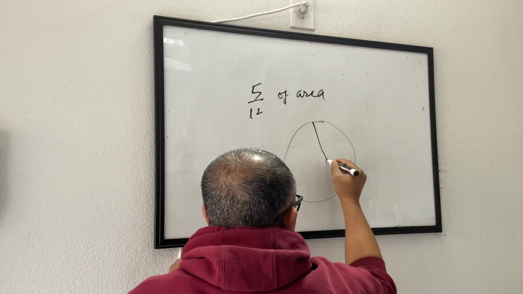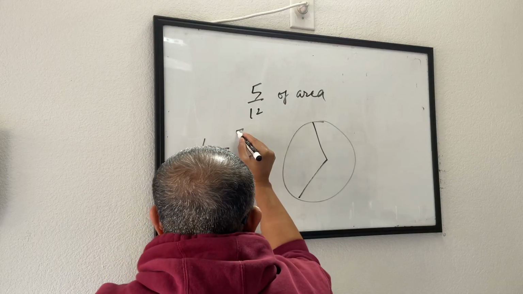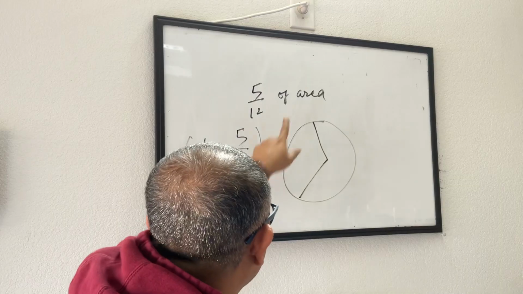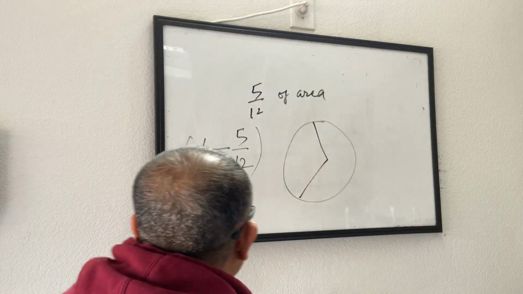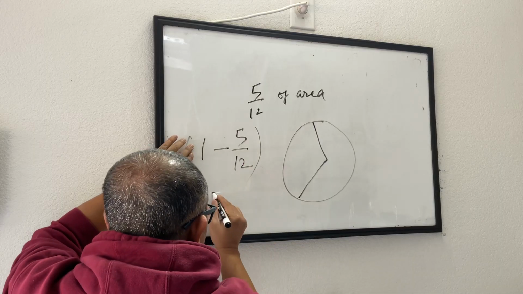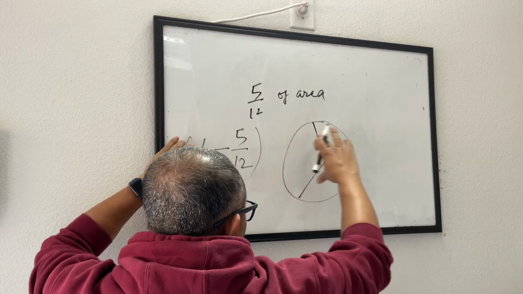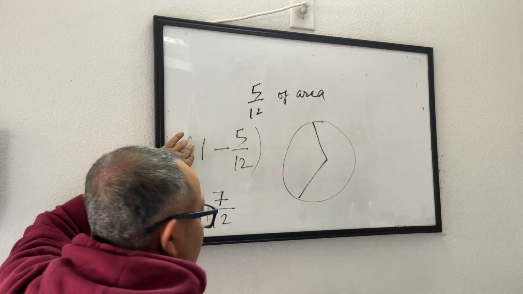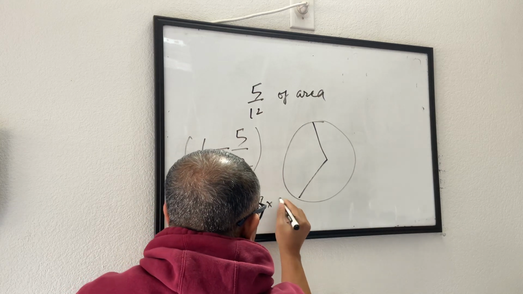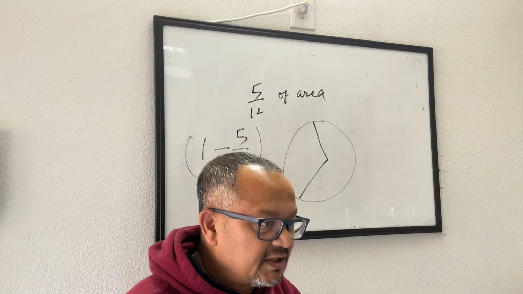If somebody says 5/12 of that is done, meaning the remaining one, when you're subtracting 5/12 from one, mentally you will be able to say, okay, so 5/12 is already done, so remaining is 7/12. So you will just do 7/12 into the area, which is pi into r square, and you'll be very quick with your calculation. So all that will happen with practice.